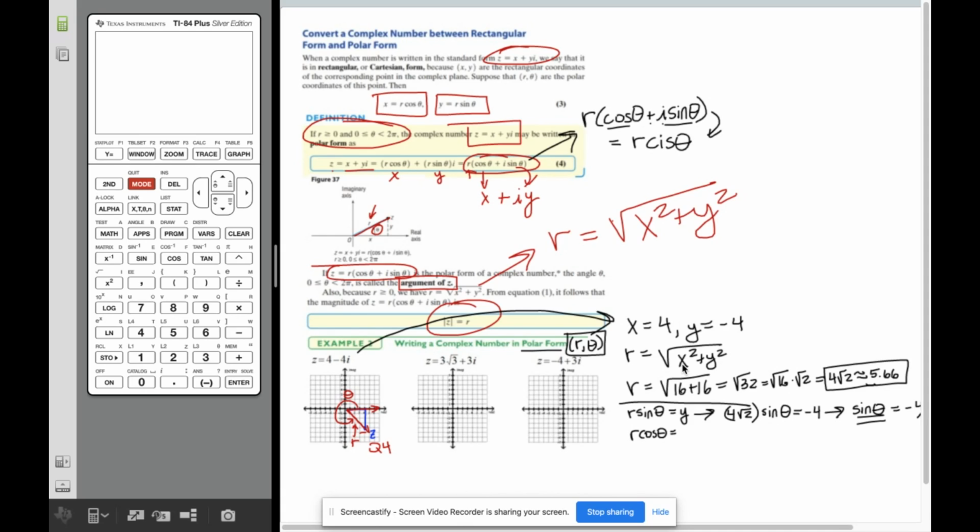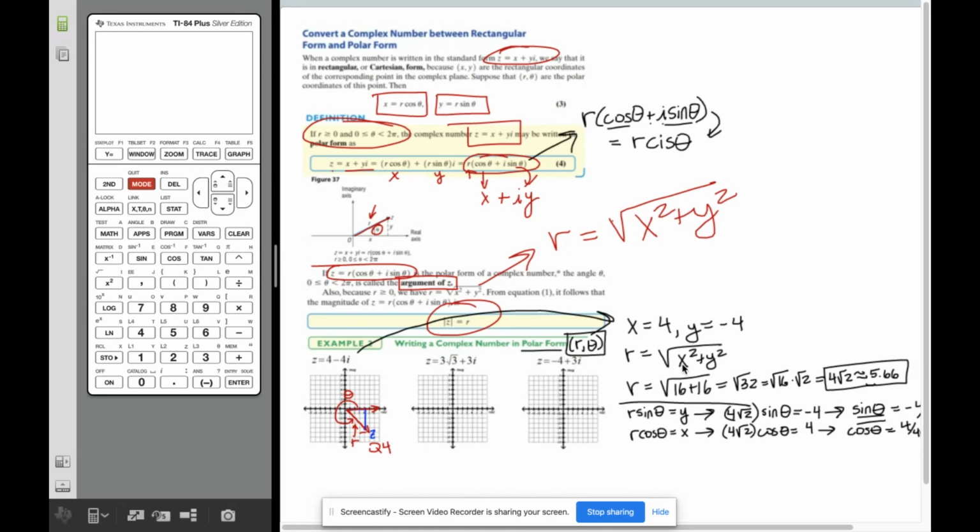Our cosine theta is equal to x. So we will do r, which is 4 times the square root of 2, times the cosine of theta, and that is going to have to equal x, which in this case is 4. It looks very similar. We end up with the cosine of theta equals 4 over 4 radical 2, and if we simplify that, we get square root of 2 over 2.